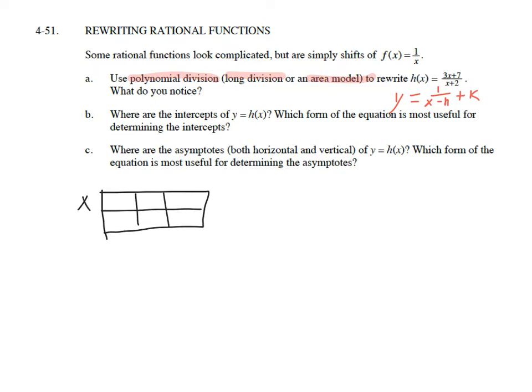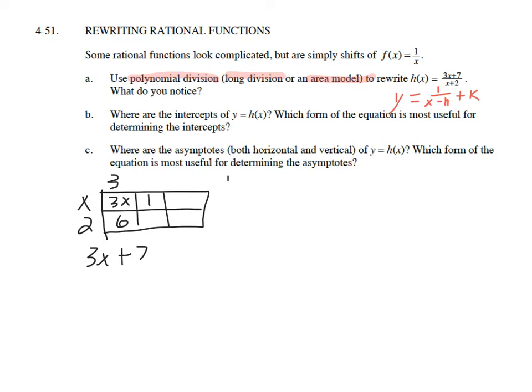So if I use my area model, I have x plus 2. I'm going to divide that into 3x plus 7. Put my 3x up there. 3 times x is 3x. 3 times 2 is 6. 1 plus 6 is 7.